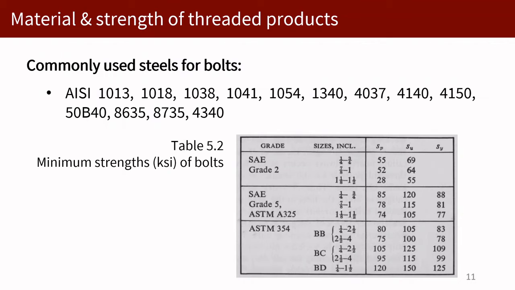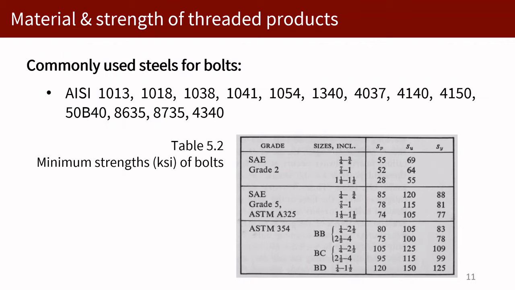In practice, typically any steels, ordinary steels, can be used, but the most commonly used materials are these: AISI 1013, 1018, 1054 to 8635 to 4340.